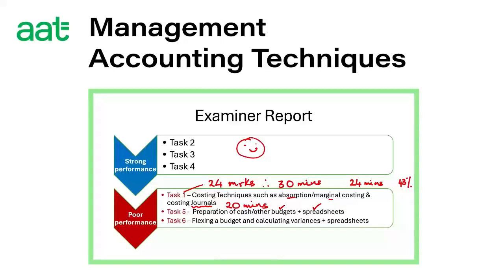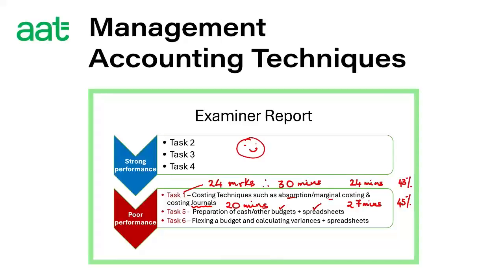Now, students on average took 27 minutes to complete this task. Okay, so they're taking longer. 55% of students did achieve the competency level, but that means 45% of them didn't quite get there, despite taking longer with this task, this is task 5.